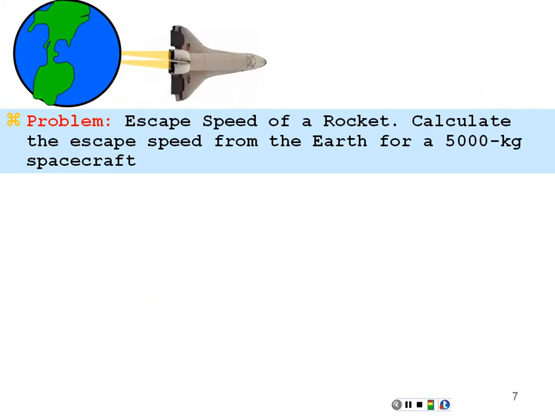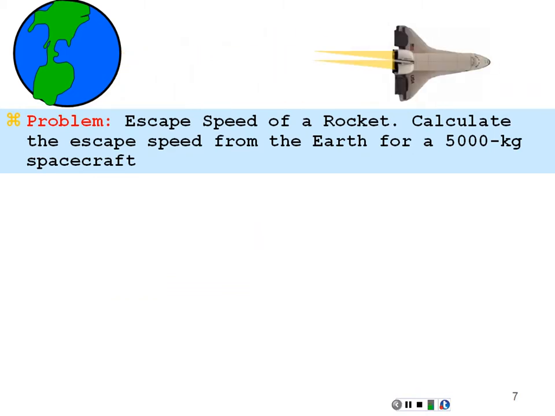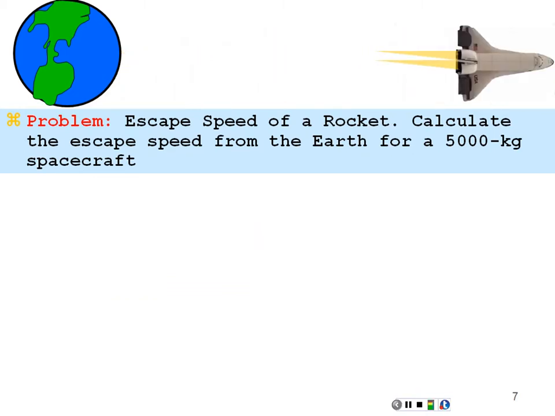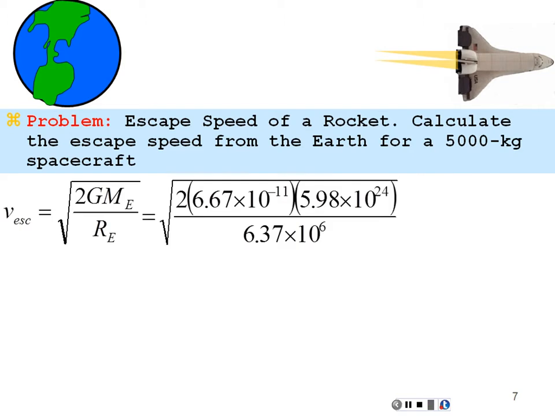Escape speed of a rocket. Let's calculate the escape speed from Earth for a 5,000 kilogram spacecraft. Well, we just found the escape speed should be the square root of 2G mass of Earth over the radius of the Earth. That's 2 times 6.67 times 10 to the minus 11, 5.98 times 10 to the 24 for the mass of the Earth, 6.37 times 10 to the 6 meters for the radius of the Earth, square root.